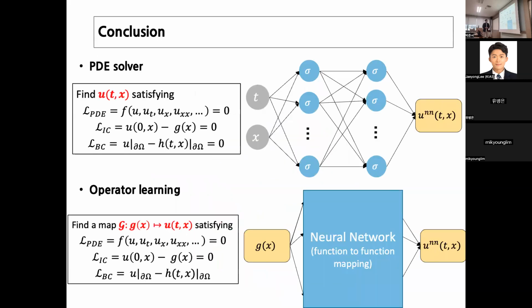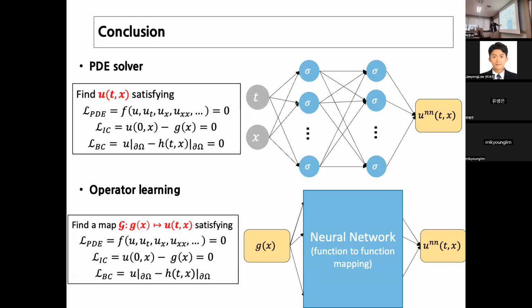So here is my conclusion. I just briefly explained these two approaches. The first one is the PDE solver. If we have just one instance of a PDE, we can parametrize the solution u(t,x) using a neural network, which takes input t, x, and the output is u, which depends on t, x. And the second approach is called operator learning, where we can find a mapping from g(x) to u.